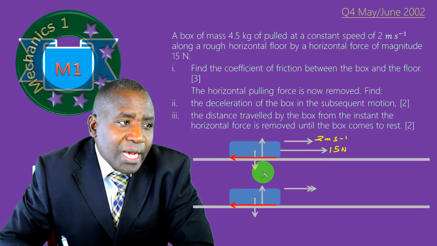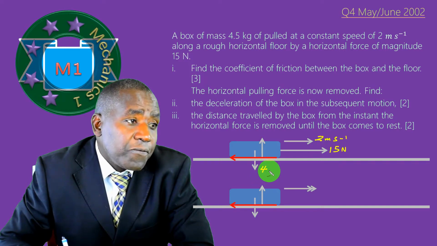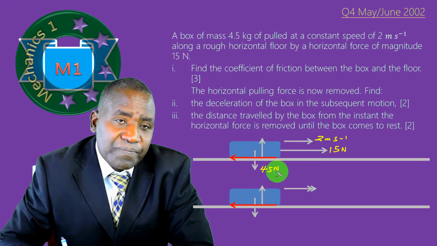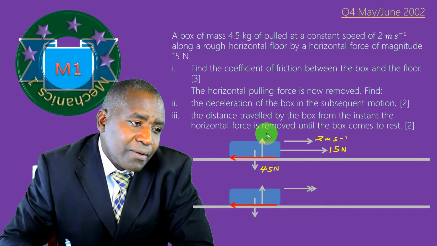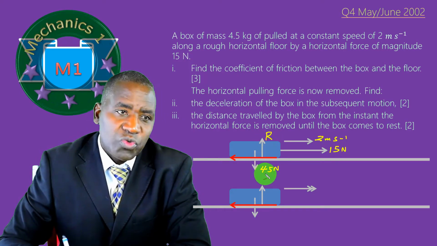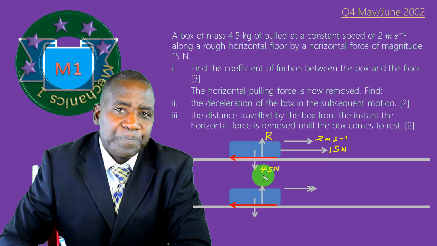This object has got a mass of 4.5 kilograms, so its weight is 45 newtons. And we know that there is the value of the normal component of the contact force, which should be equal to this, because in this direction, the resultant force is 0.